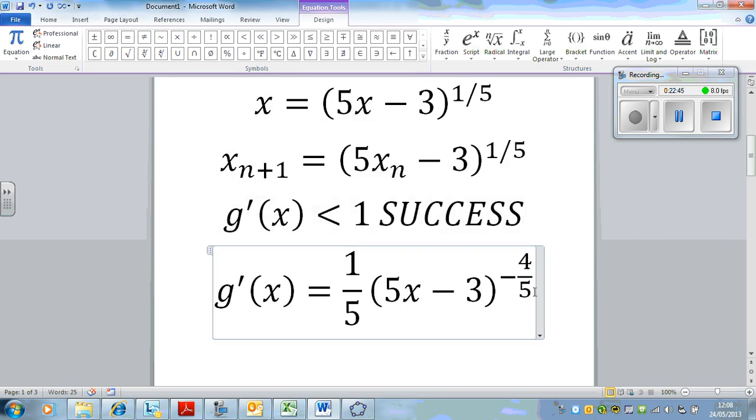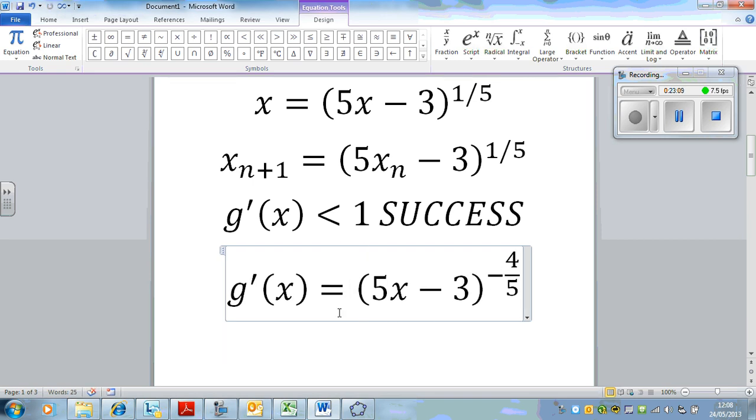That's normal, but the trouble is we've got to multiply it by the differential of what's inside the brackets. This is what we call the chain rule, which we'll come across in a lot more detail next year. If we differentiate this, we get 5, because 5x differentiates to 5, so we have to multiply it by 5. 5/5 is just 1, so our g dash of x is this.